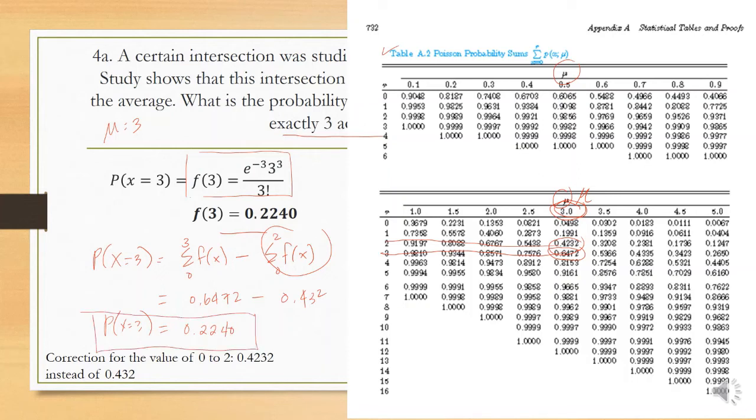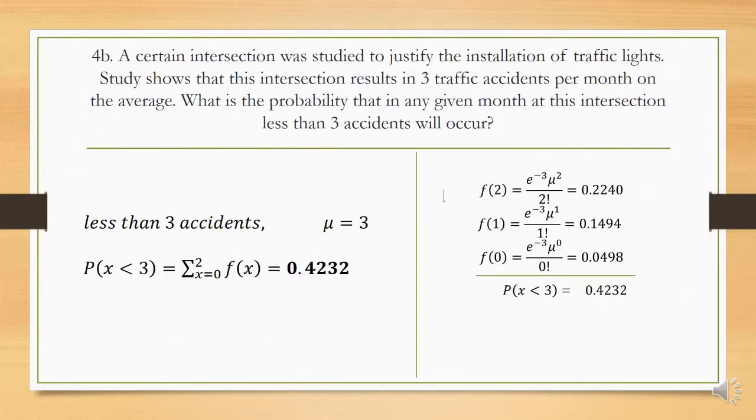So, you can easily read the table or just substitute kung ano ang inyong mas madaling magamit. On the right side, we use the formula. So, less than 3, ibig sabihin, we are going to find the cumulative or the summation of functions from 0 to 2. So, when you add that, you should be able to get the same result as when you read the table.